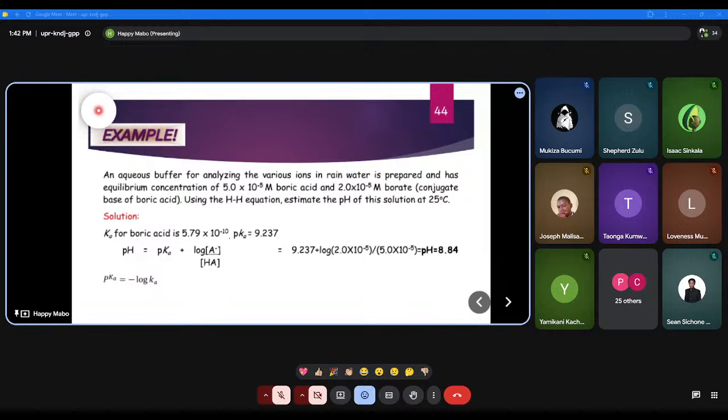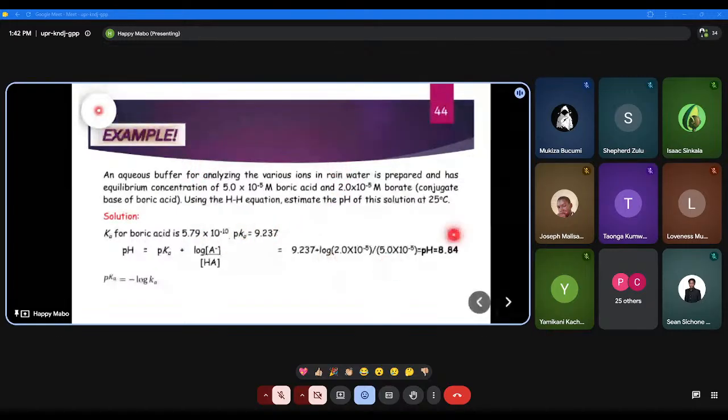Okay. Another way these questions may be asked is that we will give you the amounts of the weak acid and its conjugate base. Then we'll tell you to determine whether this buffer is an acidic buffer or a basic buffer.